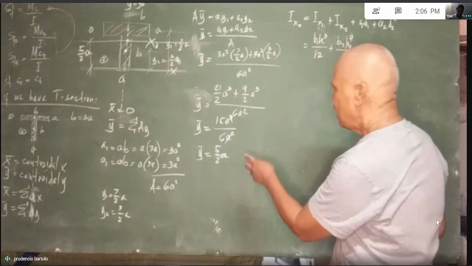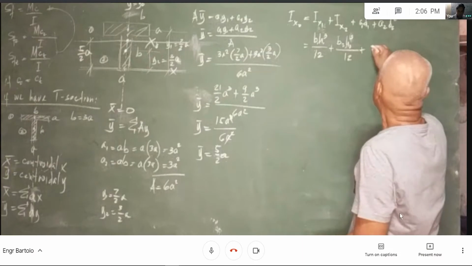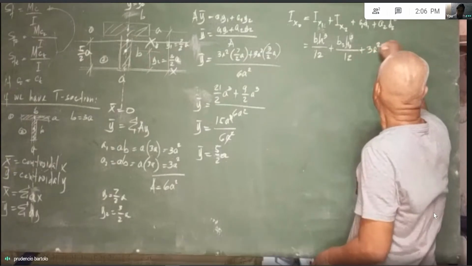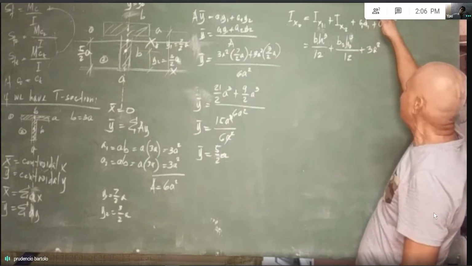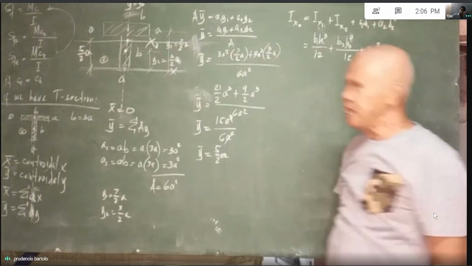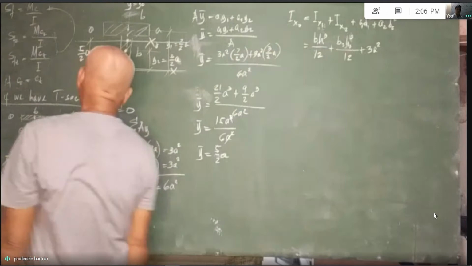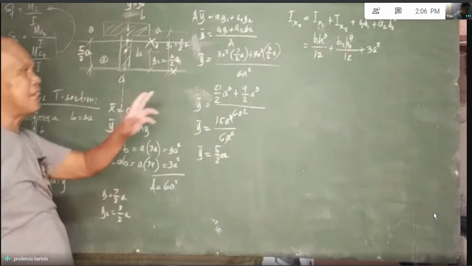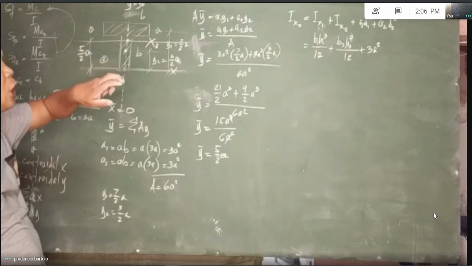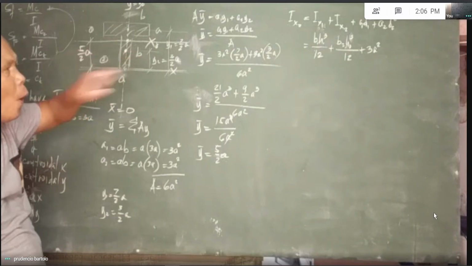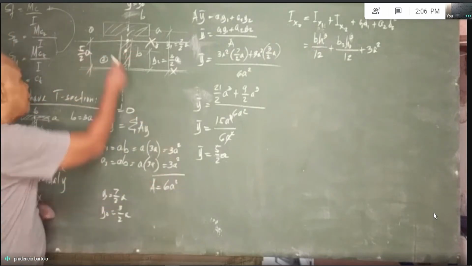The area 1 is 3a squared multiplied by D1 squared, meaning that D is the distance from the centroidal X to the centroid of figure number 1.